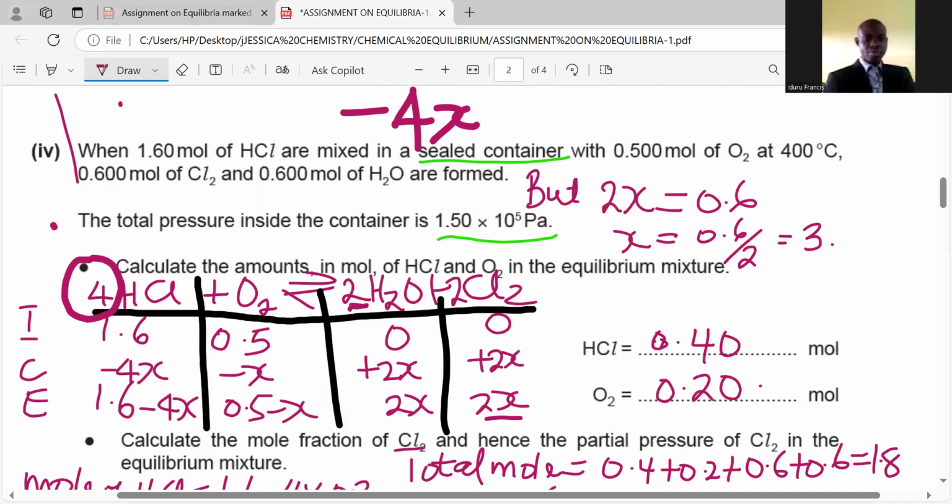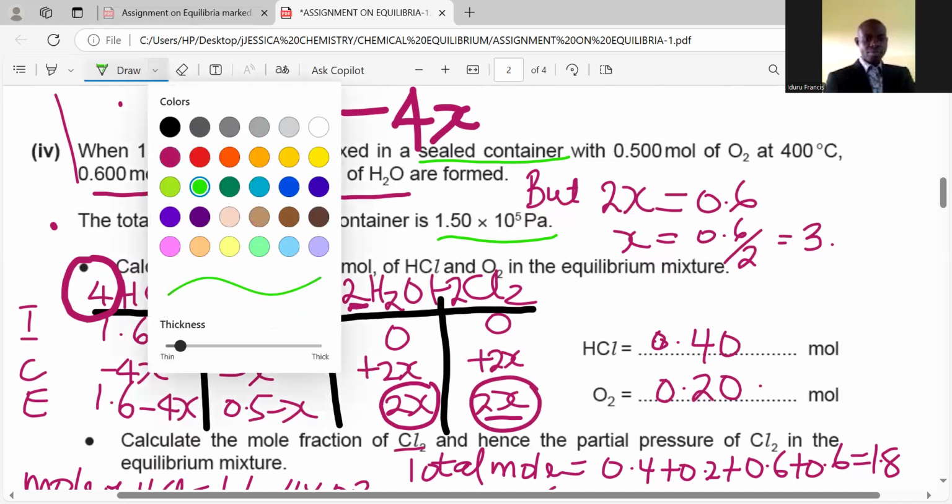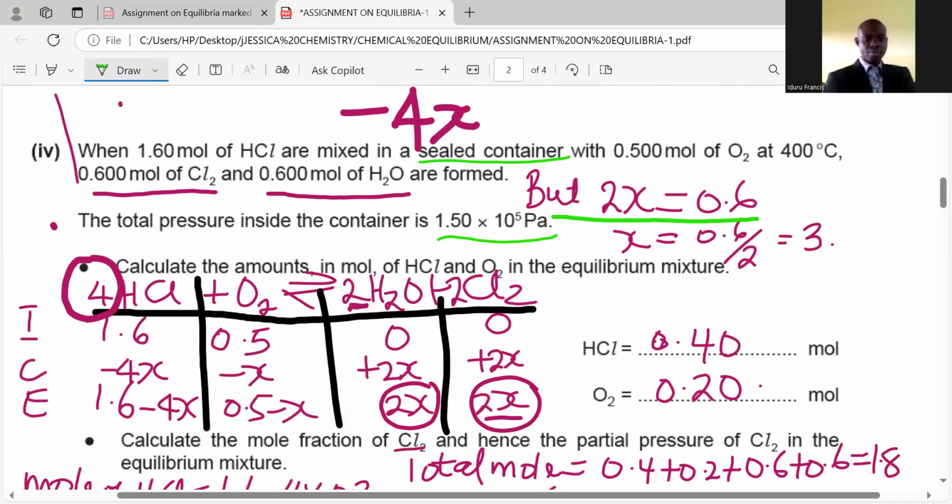But in the question, we discovered that 0.600 mole of chlorine and 0.600 mole of steam were formed. It means that there's 2x and 2x, so 2x equals 0.6. From there, you know the value of x to be 0.3. Having done that, we have to find the mole of HCl.